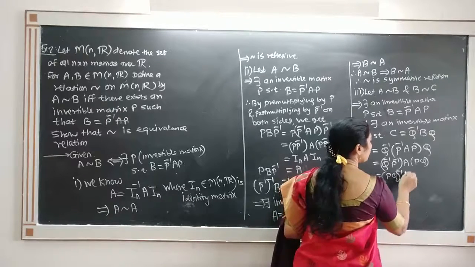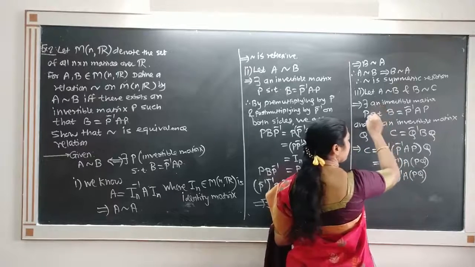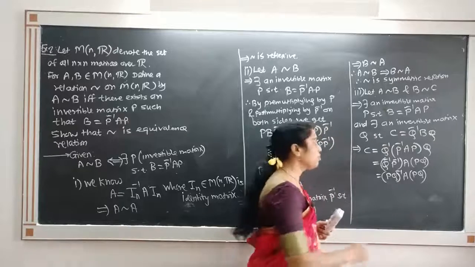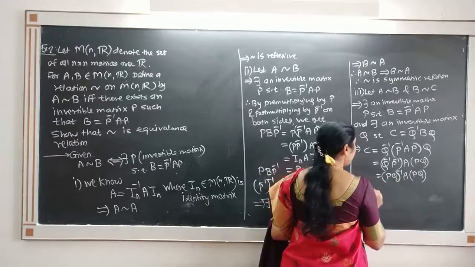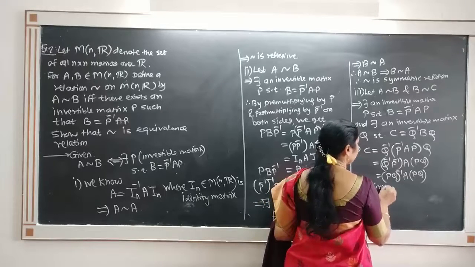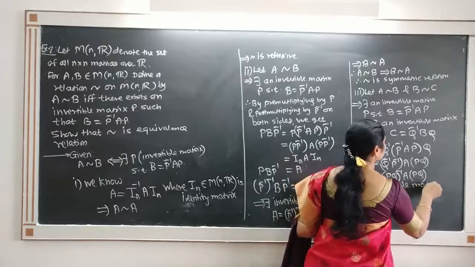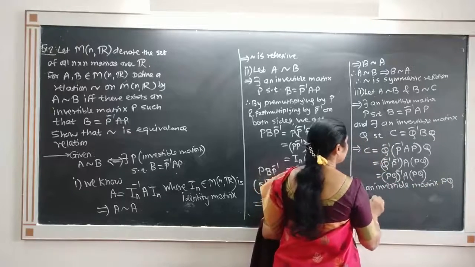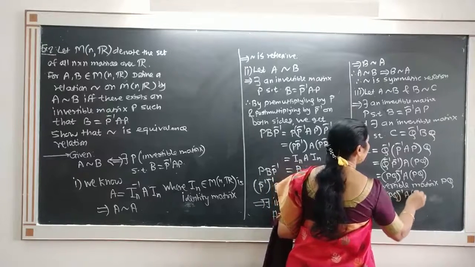So it is PQ inverse A into PQ. Because P is invertible and Q is invertible, matrix PQ is also invertible. So this implies that there exists an invertible matrix PQ such that C is equal to PQ inverse A into PQ.